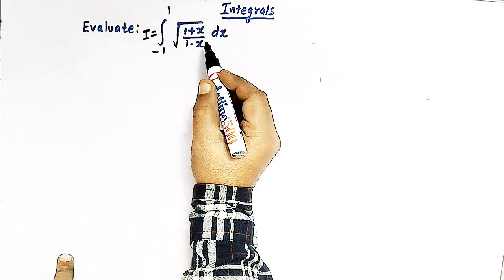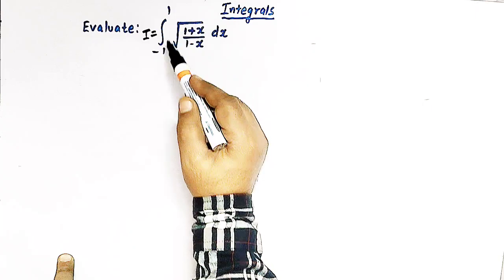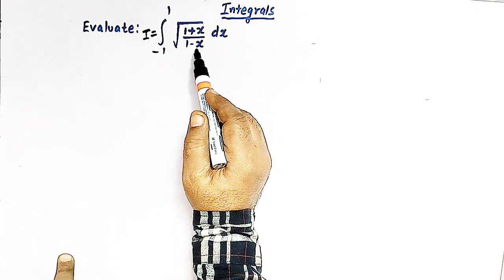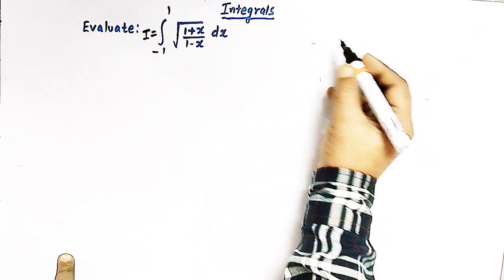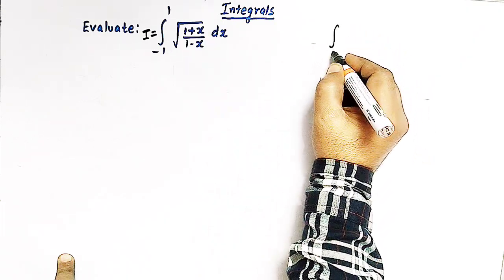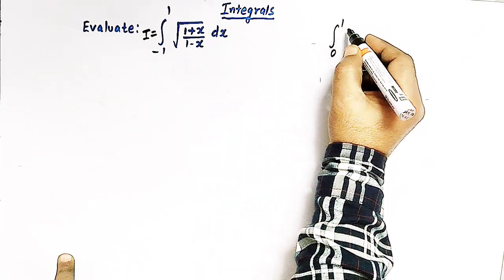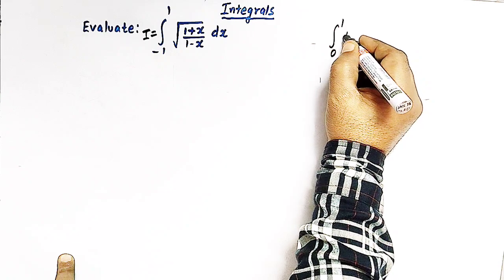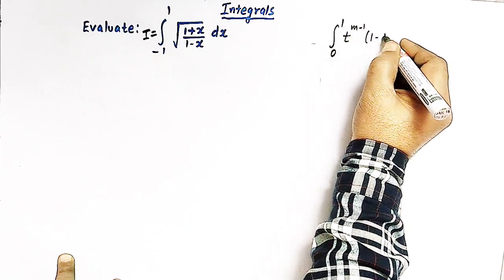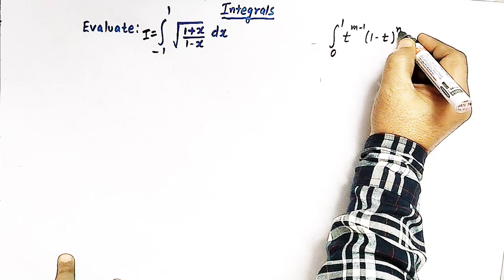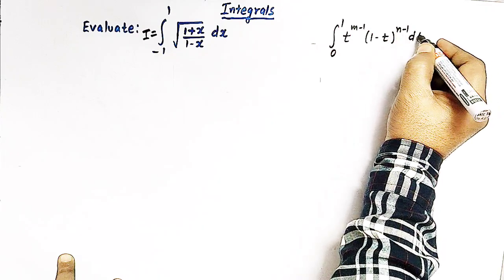By making a very useful substitution, we'll try to convert this integral into this form, that is the integral from 0 to 1 of t raised to m minus 1 times (1 minus t) raised to n minus 1 dt.